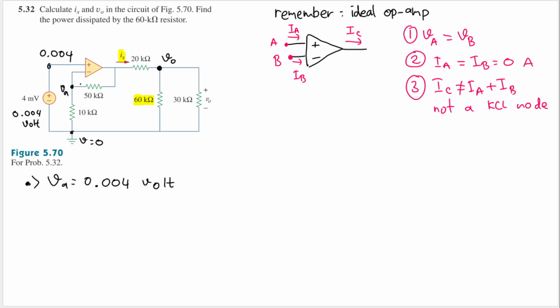Okay, that's good. And then what else can we do? I think we can just use KCL at VA. KCL says that the sum of the current that goes in will equal the sum of the current that goes out.